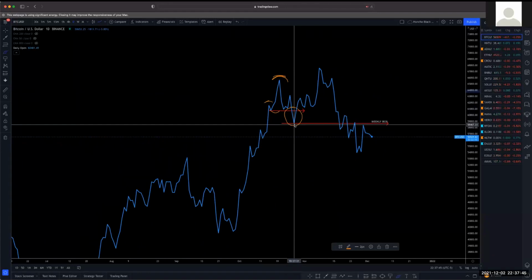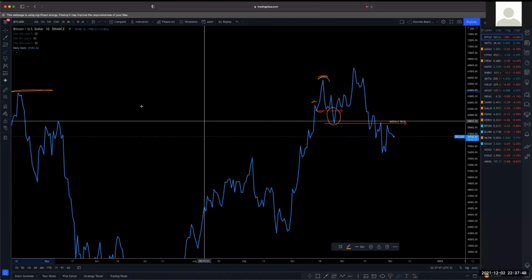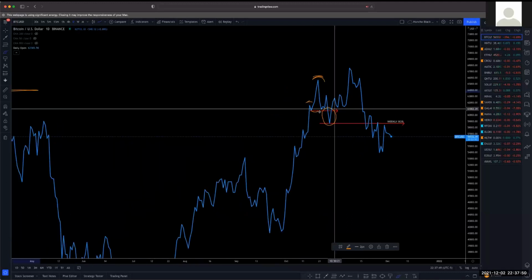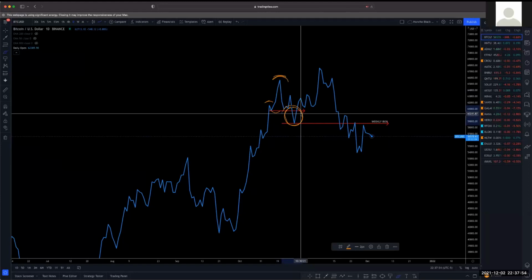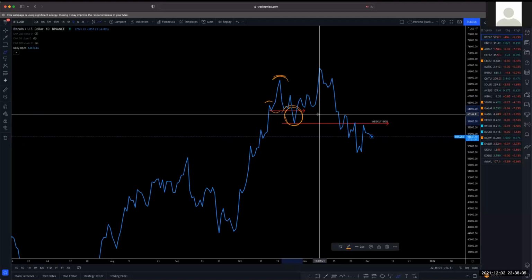If you were looking to buy Bitcoin and found yourself at a new all-time high with weakness introduced into the market, you would understand and maybe be a little bit more cautious about investing at this time, because the weakness has now been introduced.